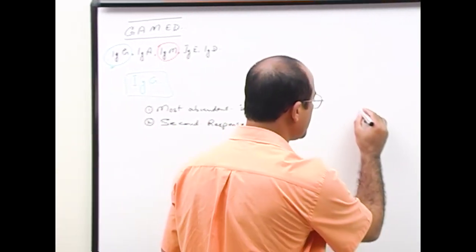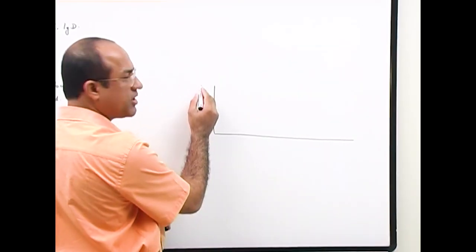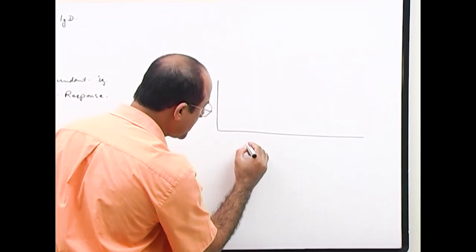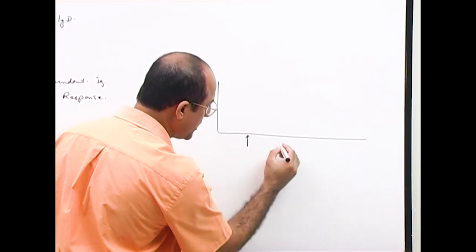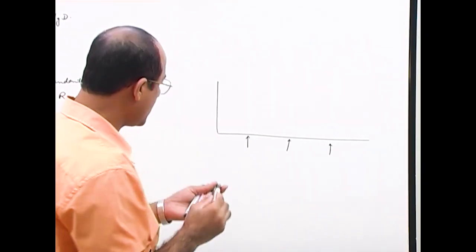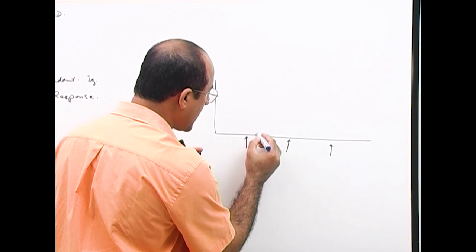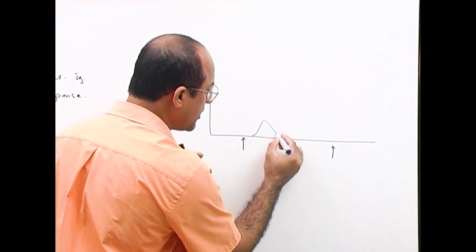Again, as we mentioned previously, let's suppose this is the time, and here is immunoglobulin concentration. Suppose this is the first exposure, second exposure, third exposure to the same antigen. Initially the immune response which will come is called the primary immune response.